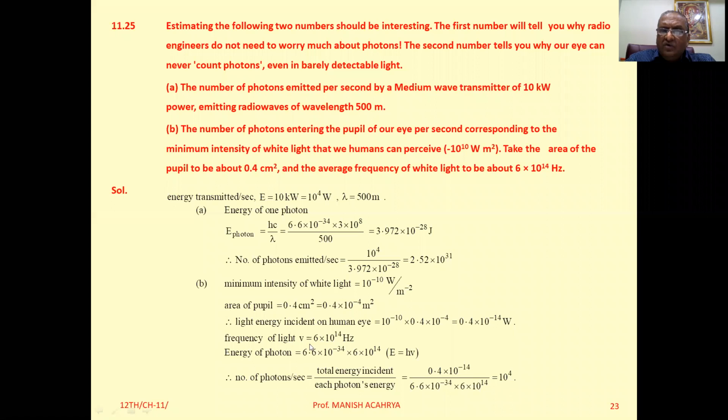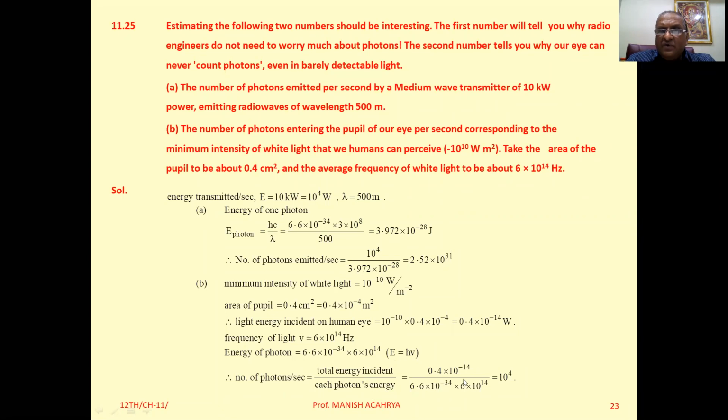Now frequency of light that is given to you 6 into 10 raised to 14 hertz. So from that we can calculate the energy of photon, that is hf or h nu. So substitute value of h and nu, that is the energy. Now number of photons entering the eye per second, that is the power upon energy of each photon.